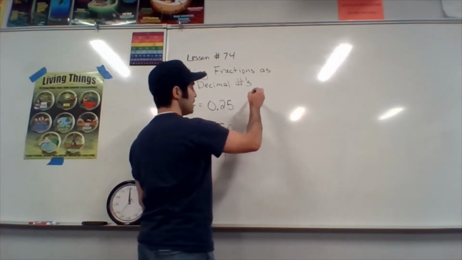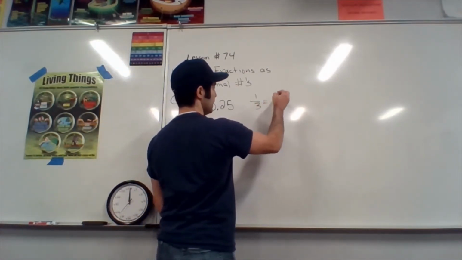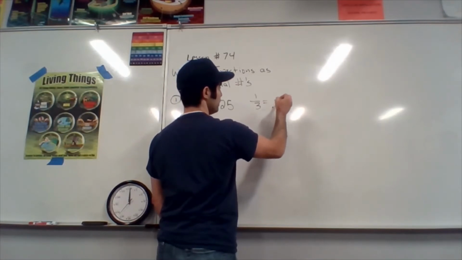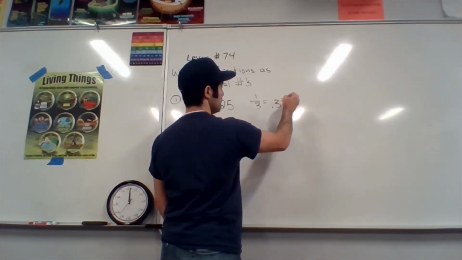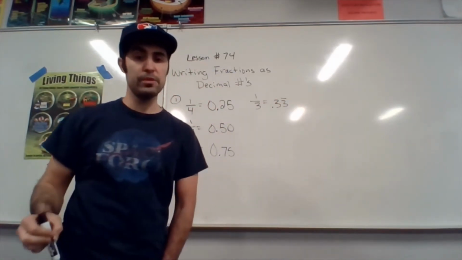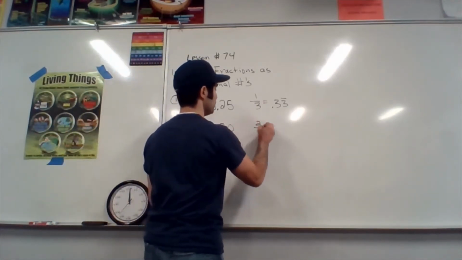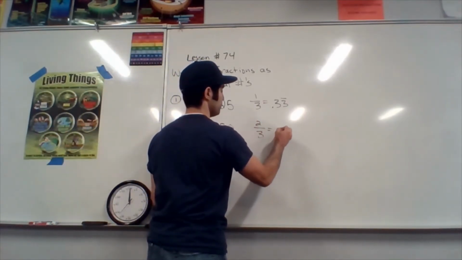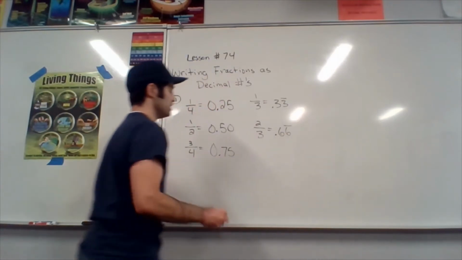You should memorize 1/3. That is equal to 33 hundredths, with the 3 repeating forever. 2/3 is double that, 66 hundredths.